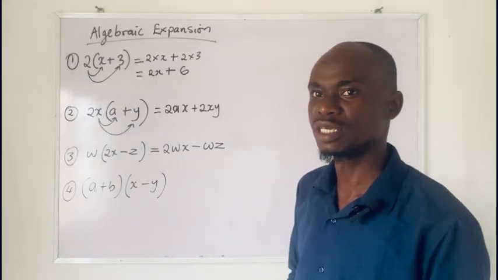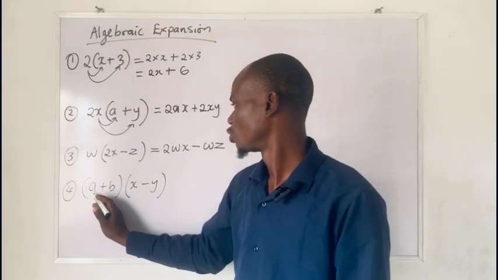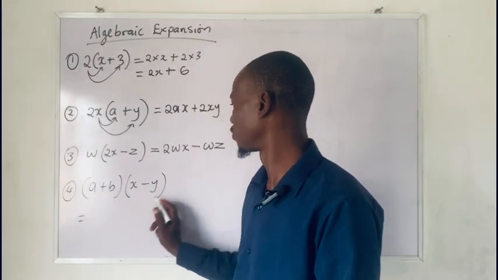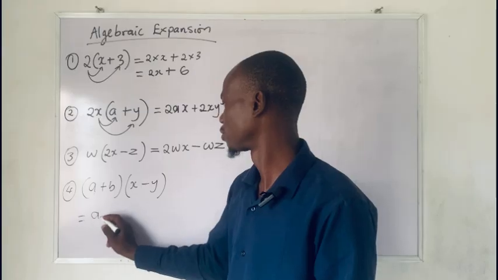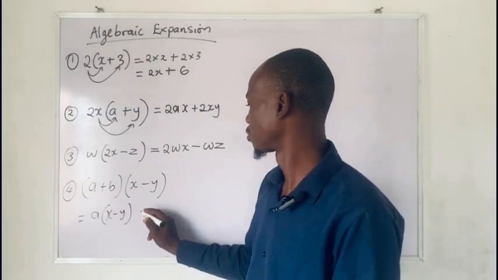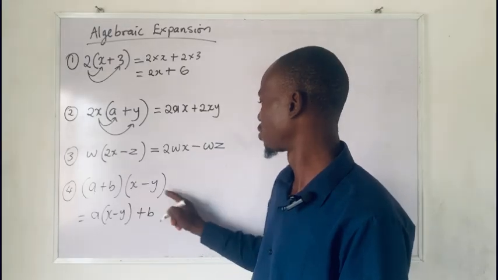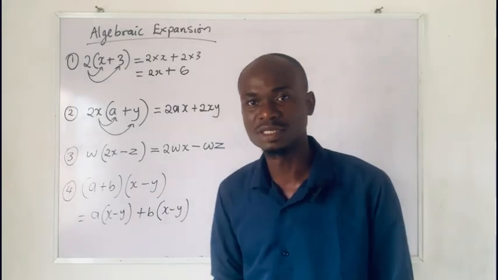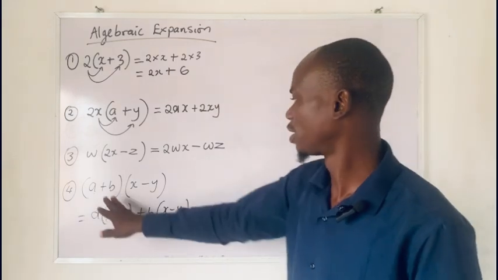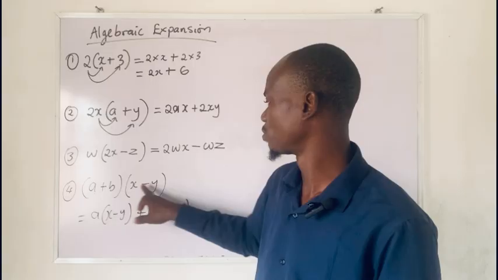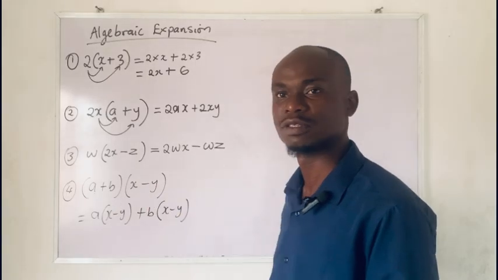So what do we do in this case? You take a times everything in the bracket, plus b times everything in the bracket. That's how you split it. So the first bracket, each term will multiply everything in this bracket. a times everything plus b times everything.